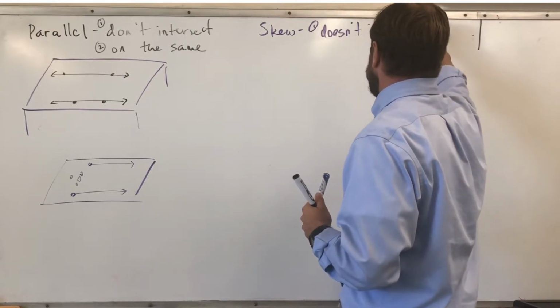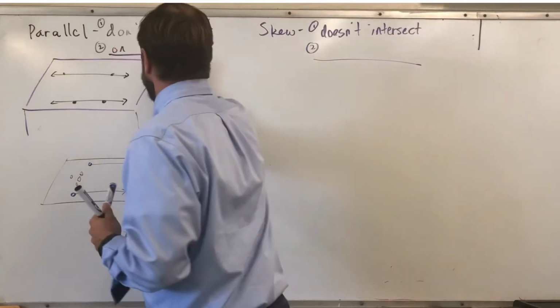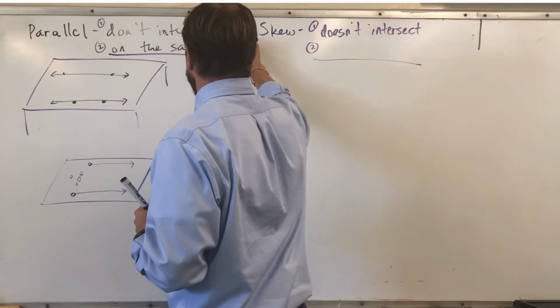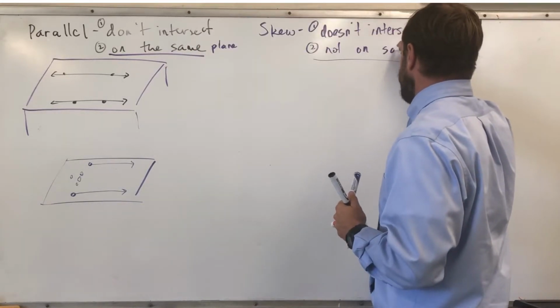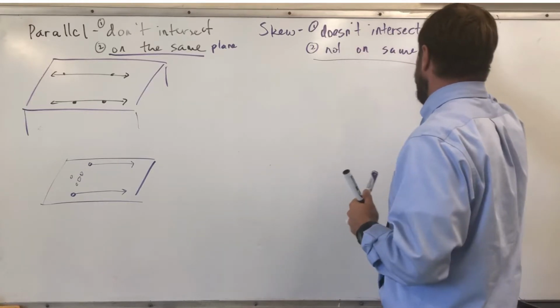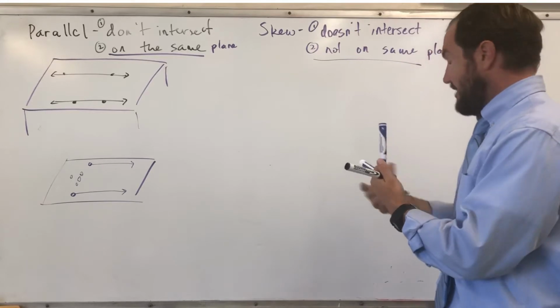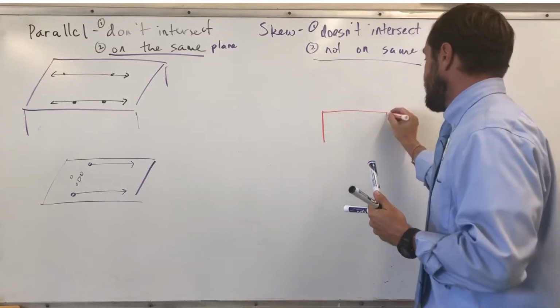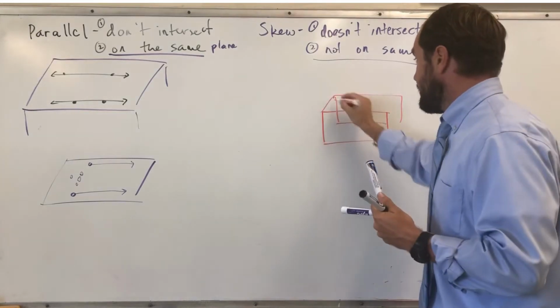But the difference here is that parallel is on the same plane. Skew is not on the same plane. And the only way to show you that basically is on that cube again, that rectangular solid. Actually, there probably is another way to show that, and I'll do that over here.